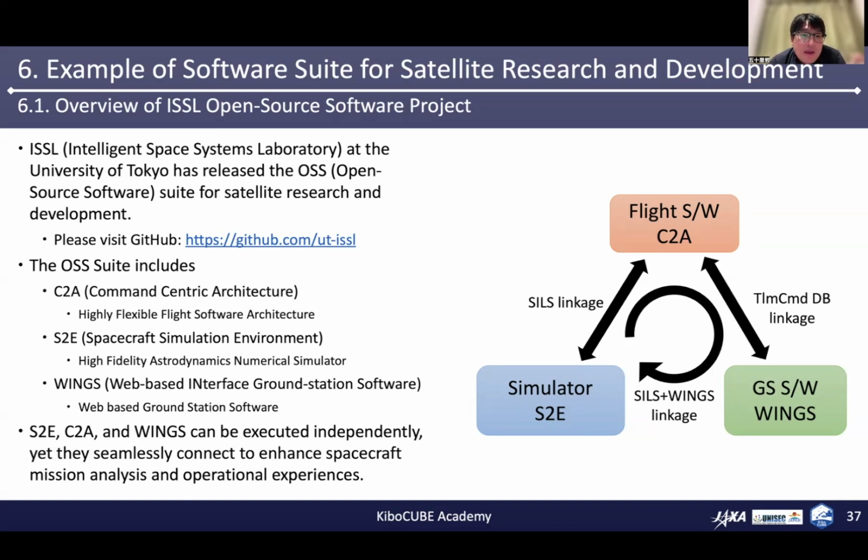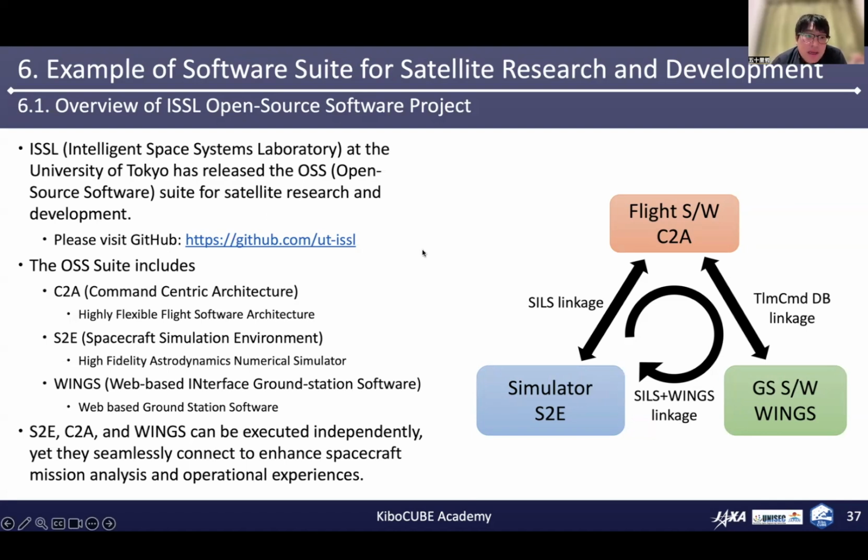Our laboratory has released the OSS suite for satellite research and development. And you can see all the source code from this link to GitHub. So please visit the GitHub.